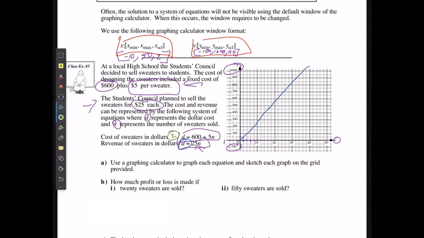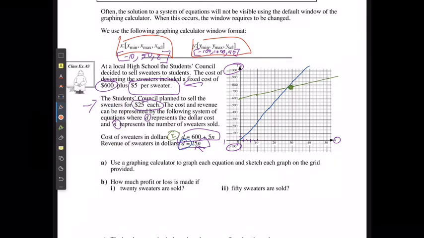And it is going to look something like this. And if I did it a little bit more clearly, I'm going to see that I have an intersecting point that exists in here.